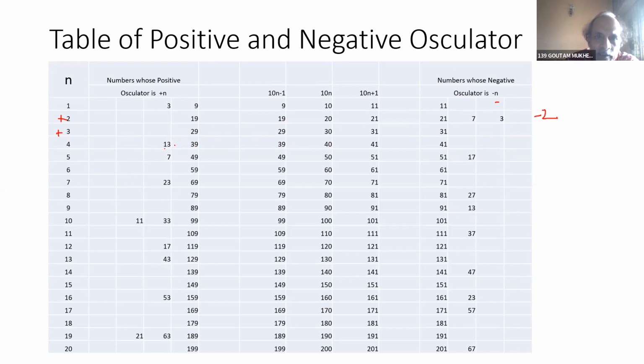So 13 divides 39, or 39 itself divides 39. In case of 13 and 39, the oscillator is positive 4. Whereas for 41, it is 40 plus 1, so its oscillator is minus 4, like this. Okay. Here the oscillator is minus 13.